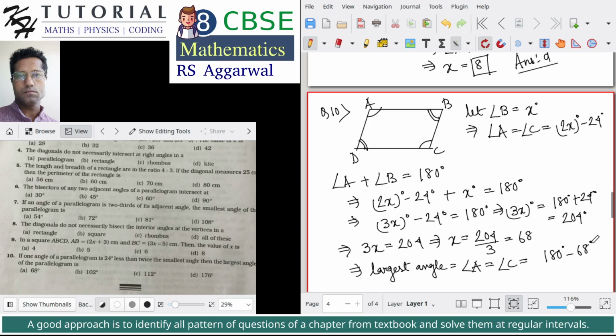Angle A plus angle B is 180 degree and angle B is 68 degree, so angle A will be 180 degree minus 68 degree, which is 112 degree. So the correct choice is C.